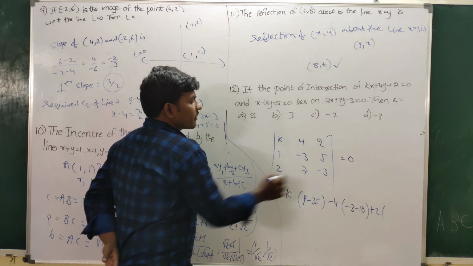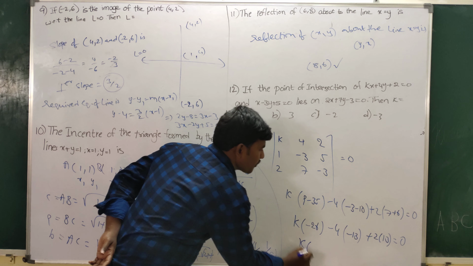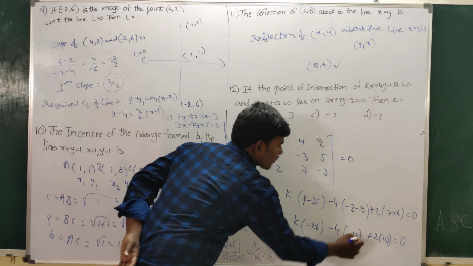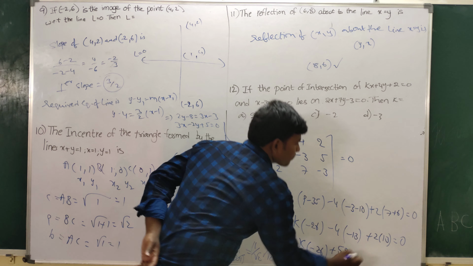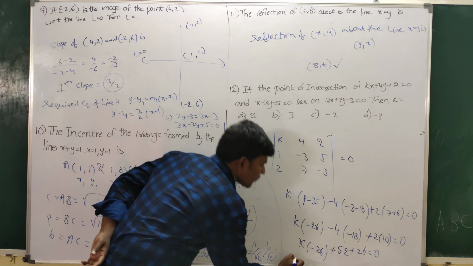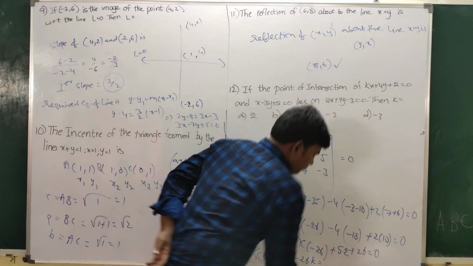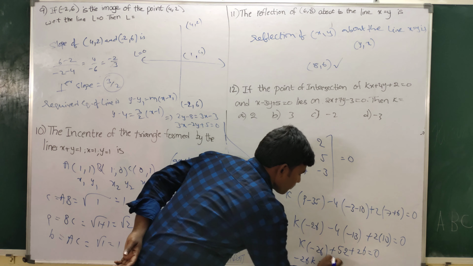K into (9 minus 35), minus 26, minus 4 into minus 13, plus 2 into 13 equal to 0. K into minus 26 plus 52 plus 26 equal to 0. Minus 26k equal to minus 78, minus minus cancel.